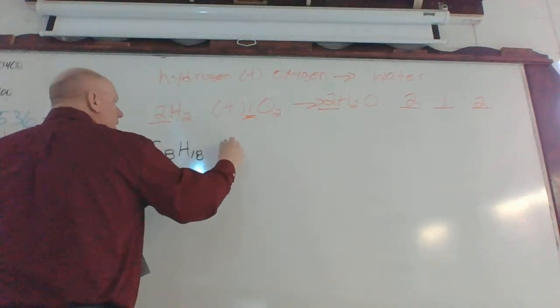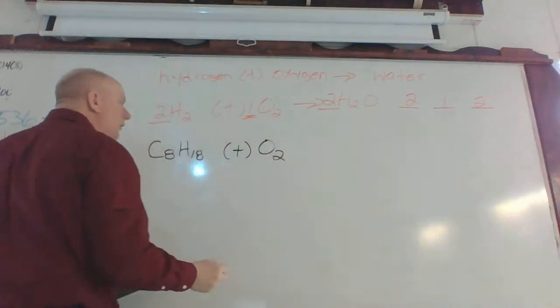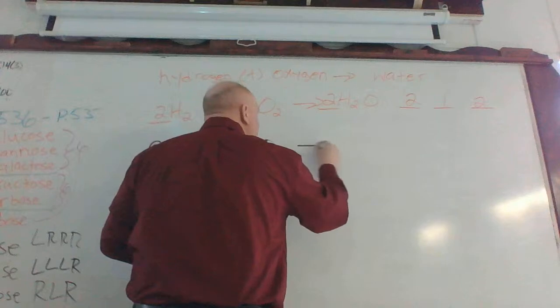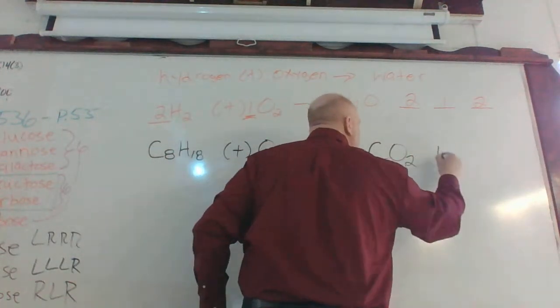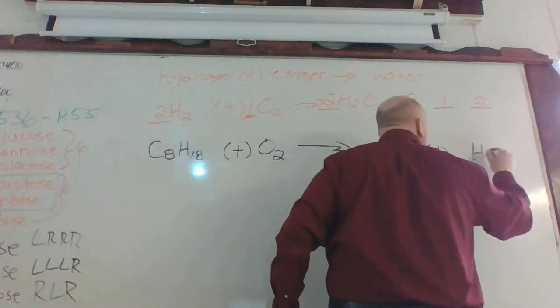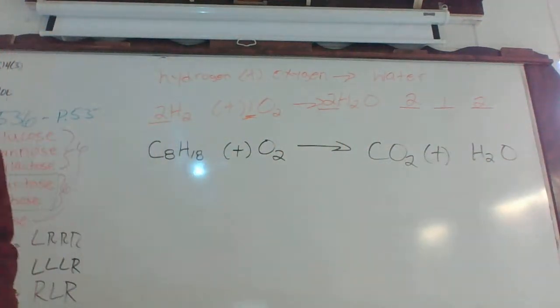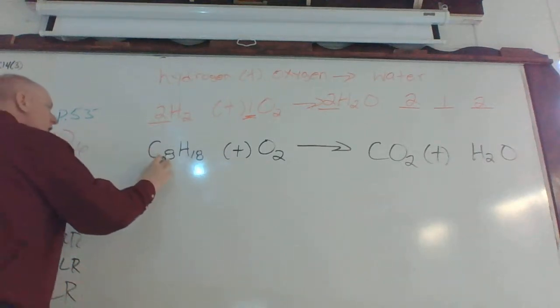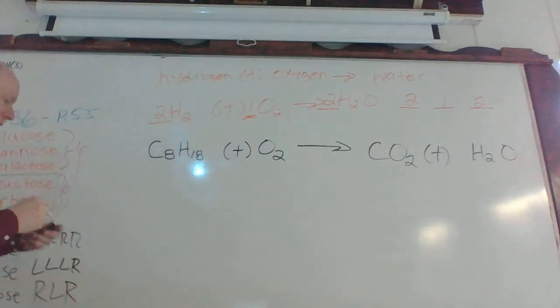And then we're adding, again, a diatomic molecule, oxygen, and that gives us our byproducts of CO2 plus H2O. And again, one of the things we wanted you to recognize in these combustion reactions is that since this number is even, we want you to double that right away.